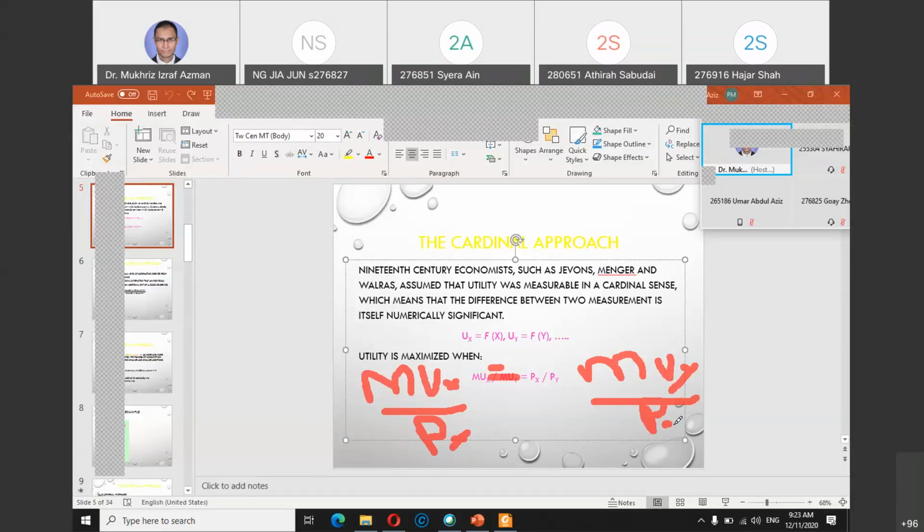Both are the same thing, because if MUx over MUy equals Px over Py, you can cross multiply and you get MUx over Px equals MUy over Py. Both are the same equation.